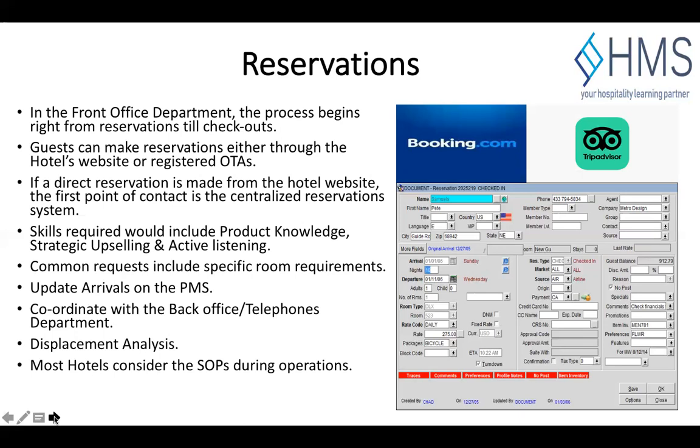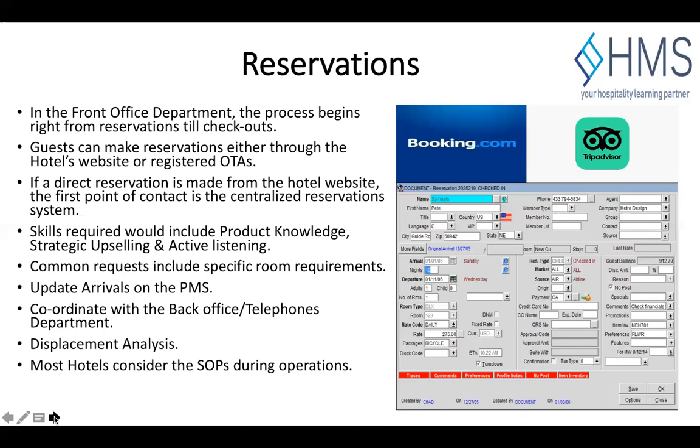For example, an MAP plan is a modified American plan, which includes breakfast and any one meal during the day, the lunch or dinner. An American plan would include all meals. A continental plan would only include breakfast. And last but not the least, a European plan known as an EP would include just the room rate and no meals.